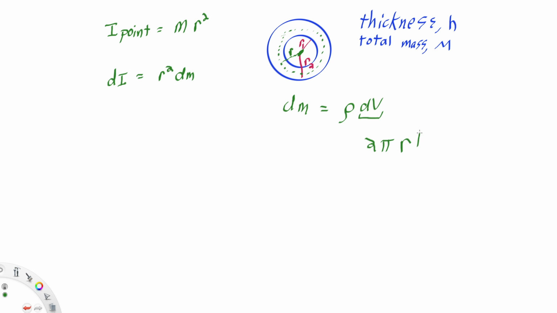It's going to be h tall in the into the screen, and then it's going to have a radial width that is equal to dr. So this is our little piece of mass that we're capturing in our little tiny shell.